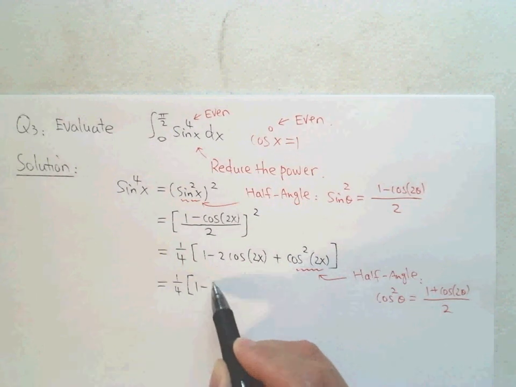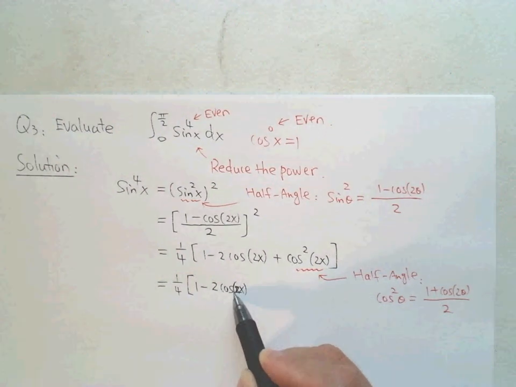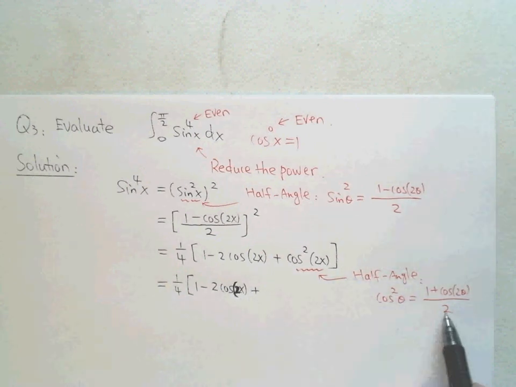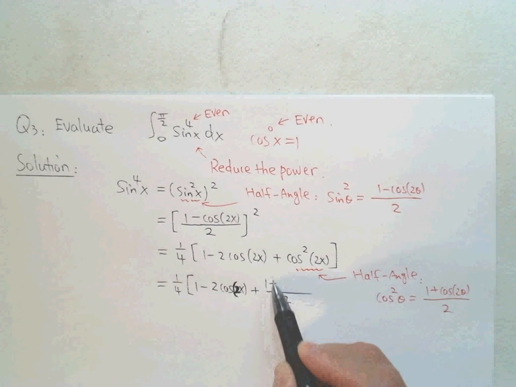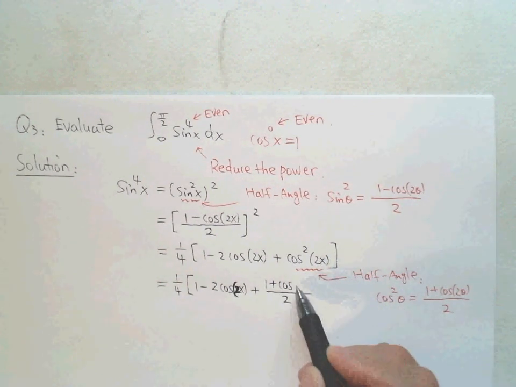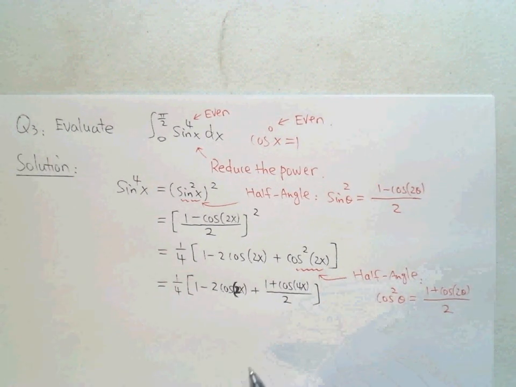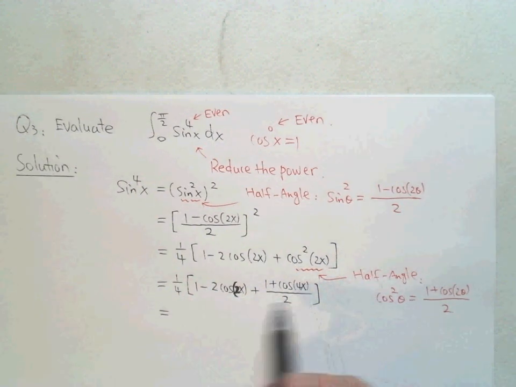It is 1/4 times 1 minus 2 cosine 2x, plus 1/2 times 1 plus cosine of the double angle, so cosine 4x.